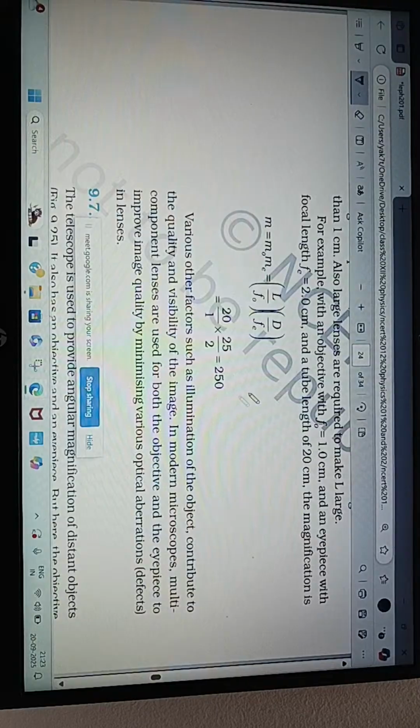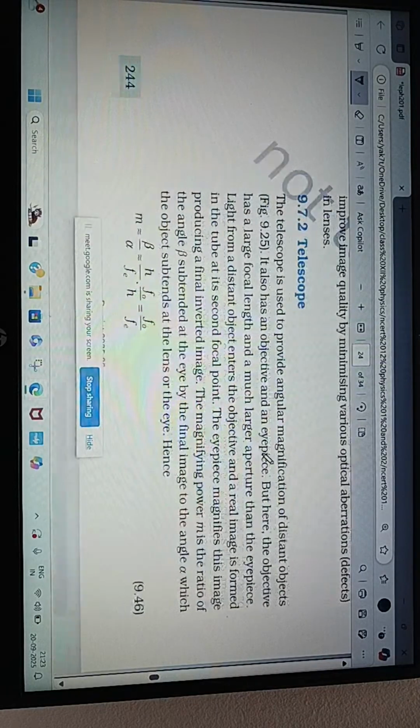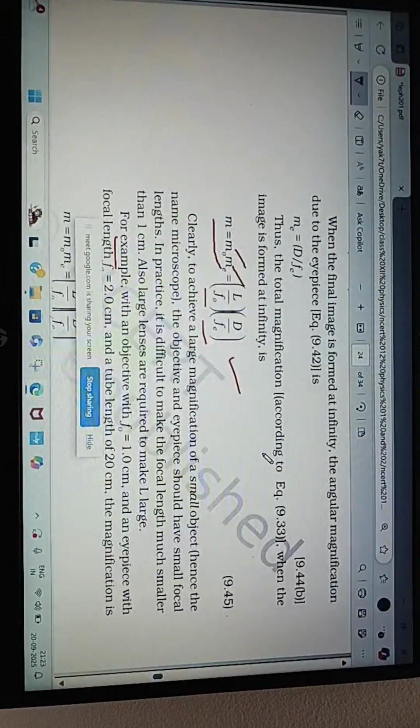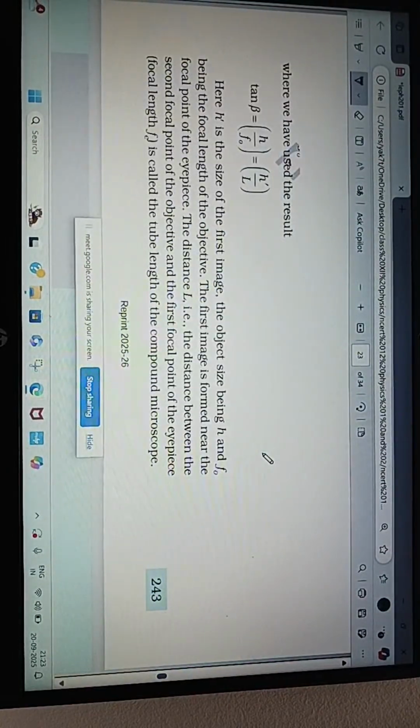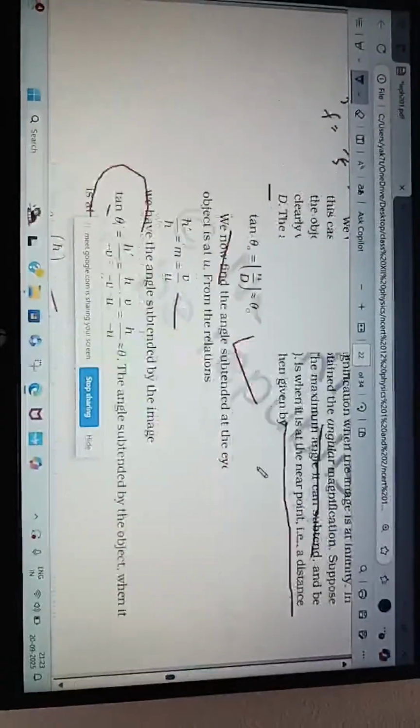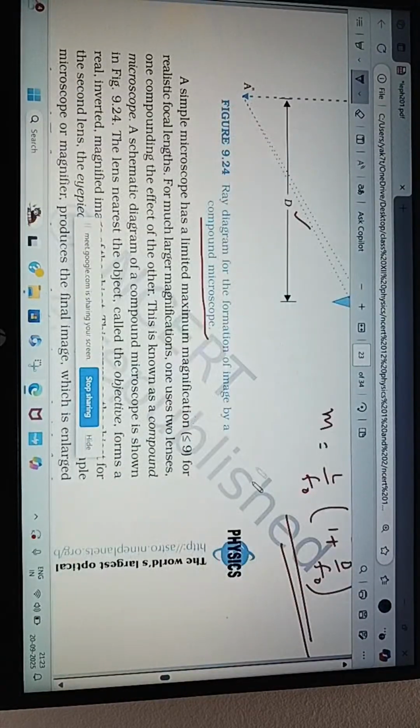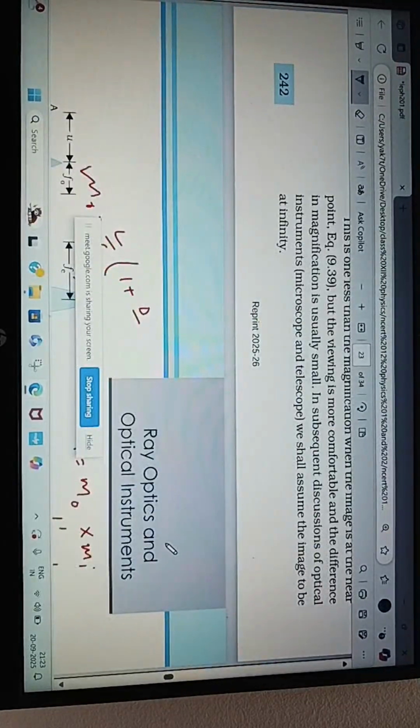Two derivations are there. One problem is also given as an example, on how to solve it. Then telescope will come. Now, both the cases you understood? Compound microscopes are of two types.